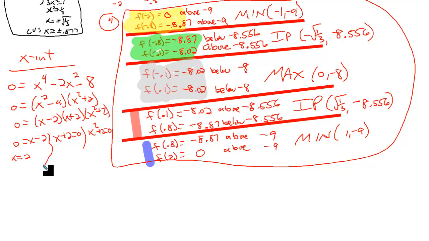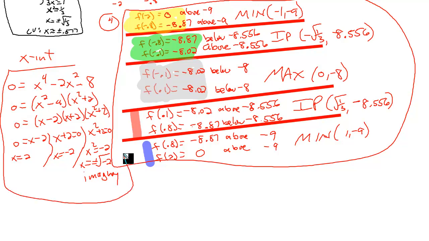And I get x is 2. X is negative 2. And here I get an imaginary answer. The square root of a negative number is imaginary, which means our only x-intercepts are positive and negative 2.